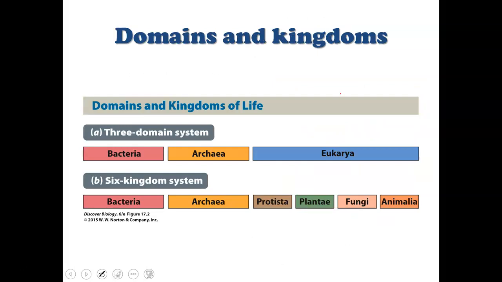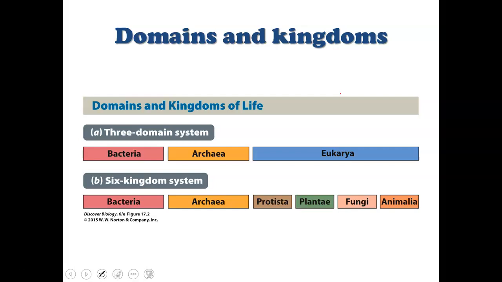So what he suggests is that what we need is something a level above kingdom. And he came up with the idea of domain, and he suggested that all of life should be divided into 3 domains called the bacteria, the archaea, and that all of the eukaryotes should be combined into a single domain called the eukarya. Now, a lot of biologists don't really like this system because we're comfortable with plants and animals and fungi.